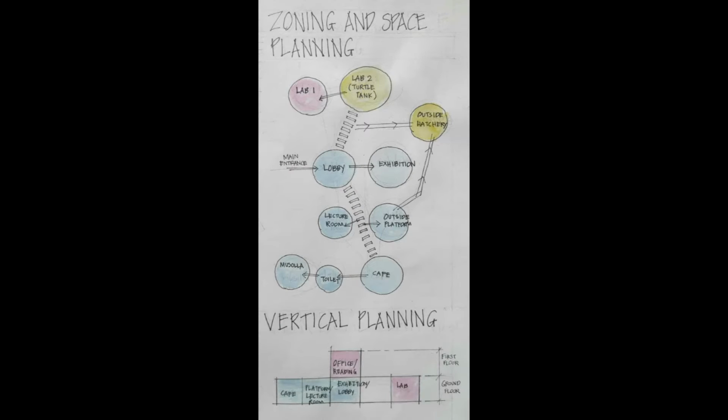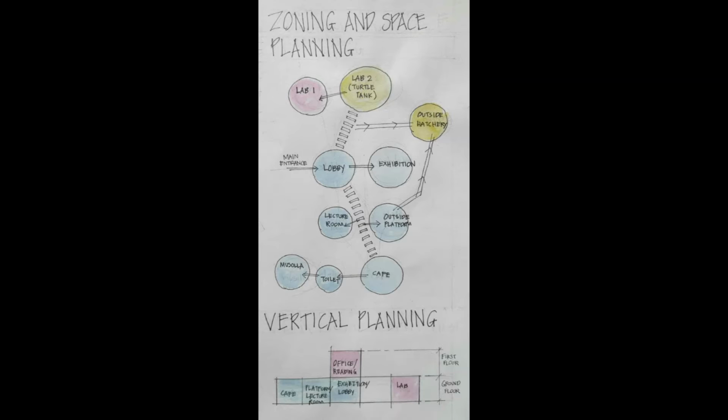Next, moving on to the zoning and space planning. This building was separated into three main spaces, which are public, semi and private space. The public space consists of lobby, exhibition, lecture room, outside platform, cafe, toilet and also musalla.